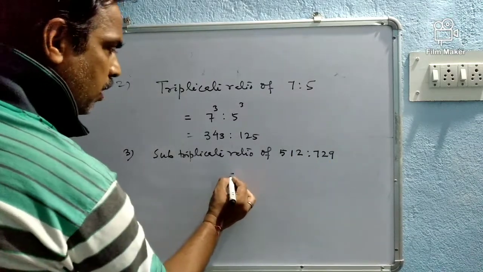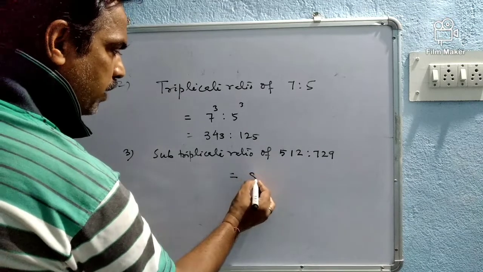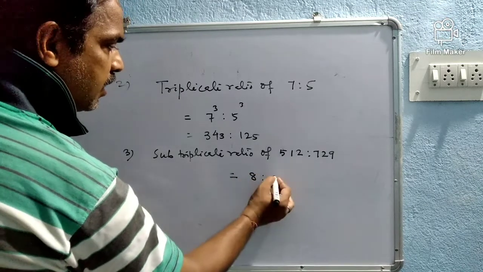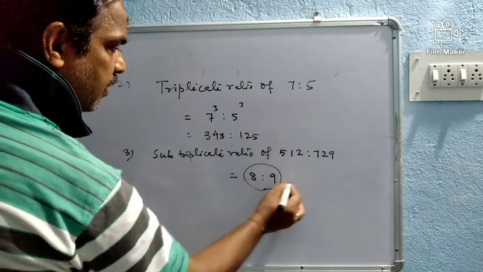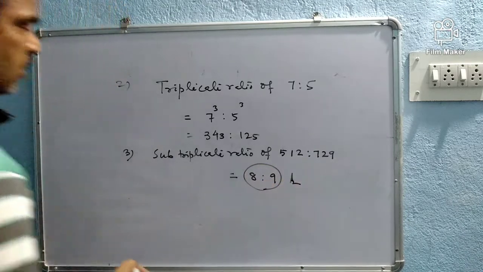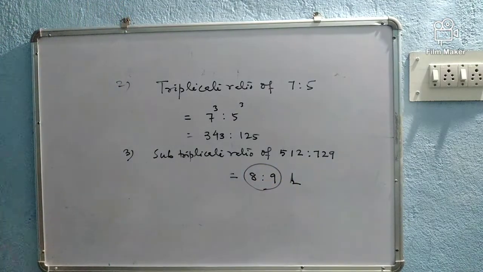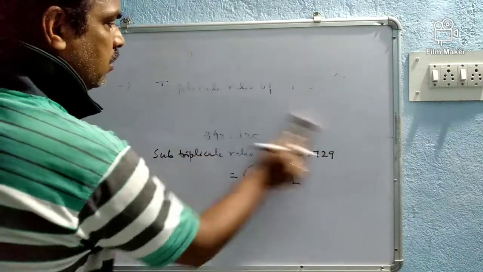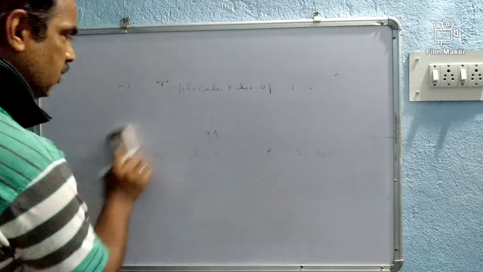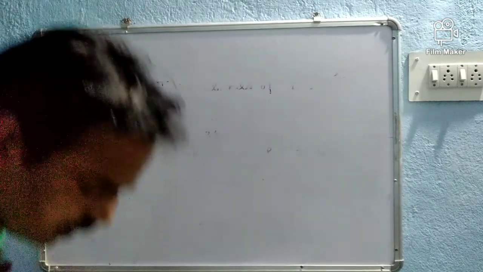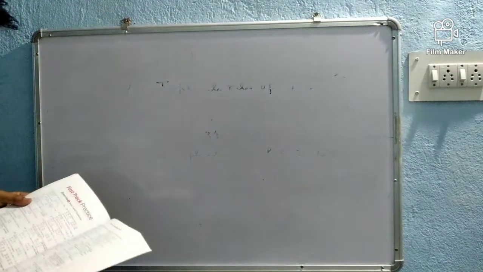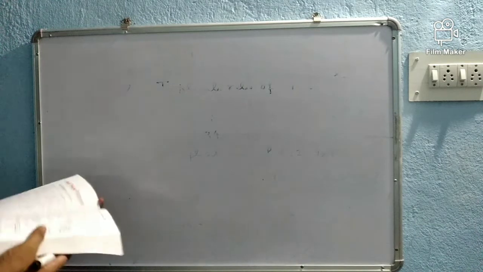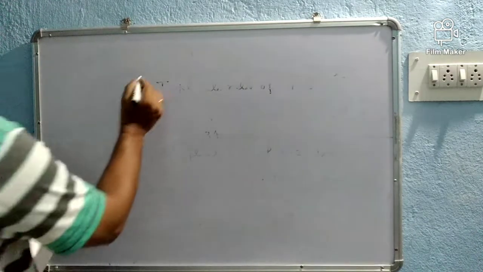So the cube root of 512 will be 8 and of 729 it will be 9. So this will be your answer. Understood? So in this way you can find out. The other questions we can again solve. Let us continue.